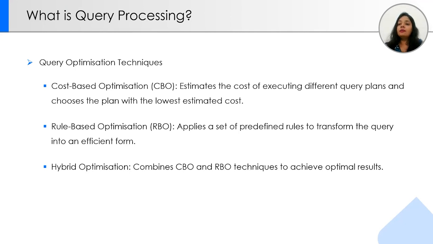Then comes hybrid optimization. So this is the combination of both cost-based optimization and rule-based optimization. So here you are not only simply going to look for the predefined rules for transforming the query into efficient form, but you are also going to look for the cost factor.